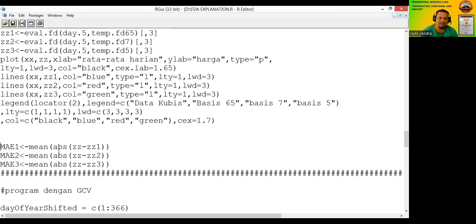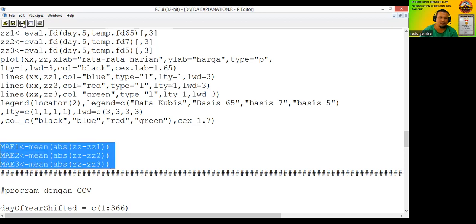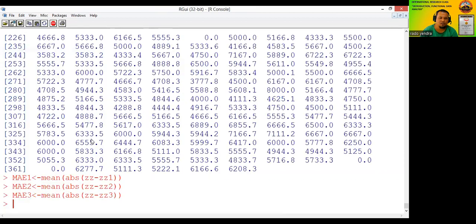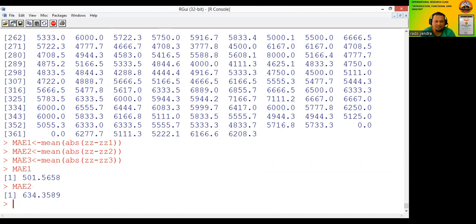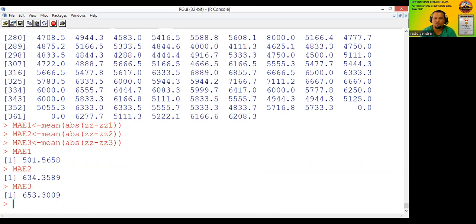Okay, we run MAE here, and then we come to the console. We check one by one. MAE1, so 501. MAE2, okay, 600, and MAE3. Okay, you can check here. MAE1 is the best basis that we use in this theory.